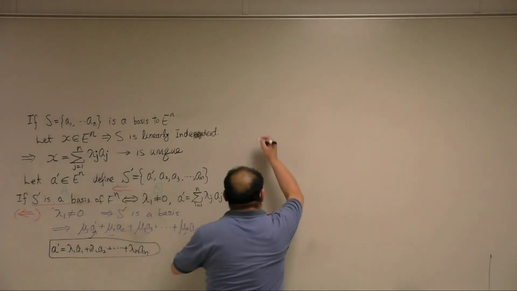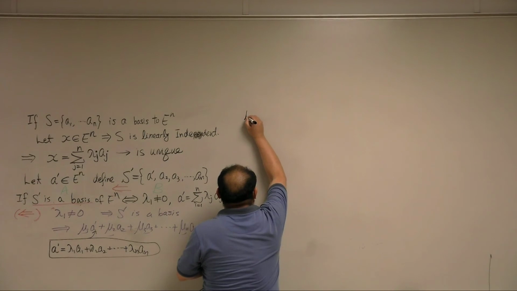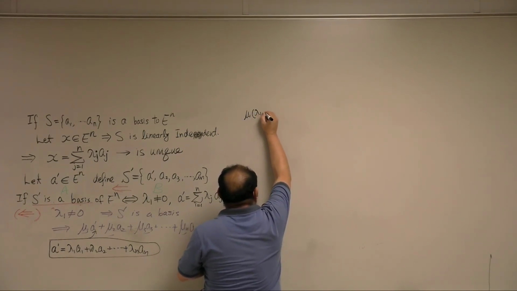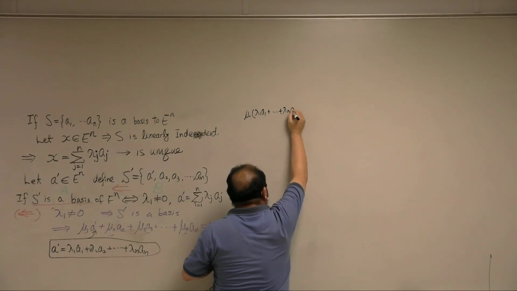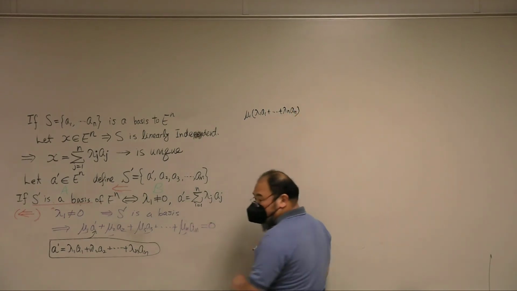Mu1 times lambda 1 A1 plus all the way to lambda n times An. Is that okay?